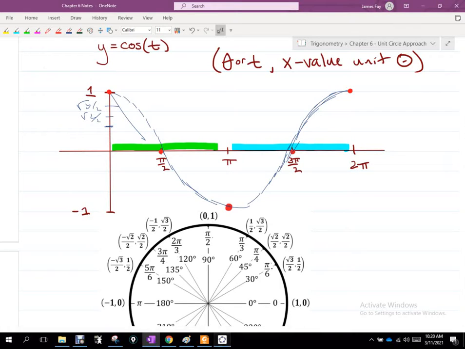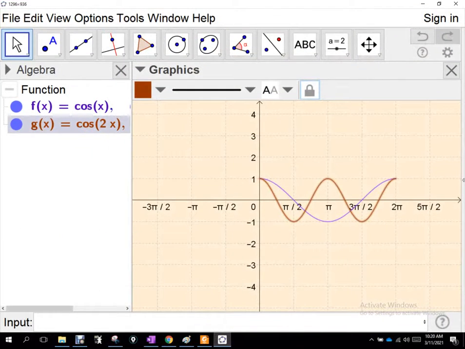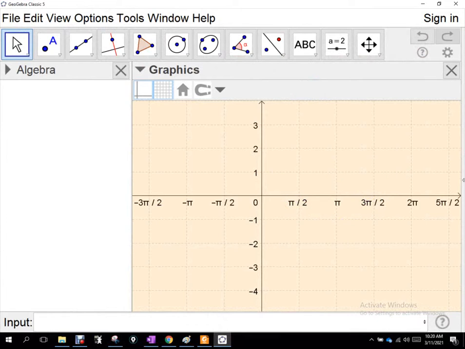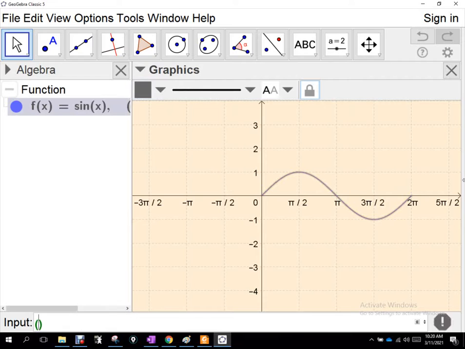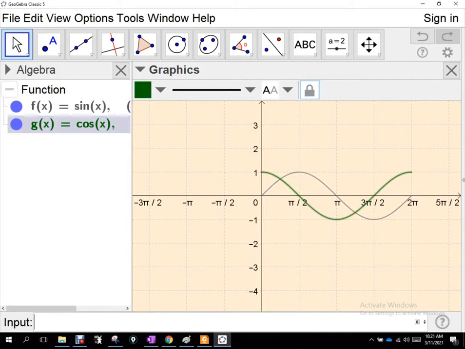If we look at these two graphs in comparison to one another, just one period, 0 to 2 pi, of the sine function and 0 to 2 pi of the cosine function, they look very similar, correct?